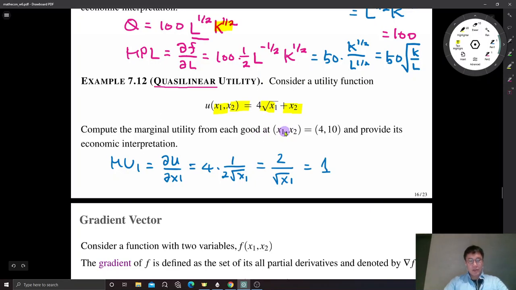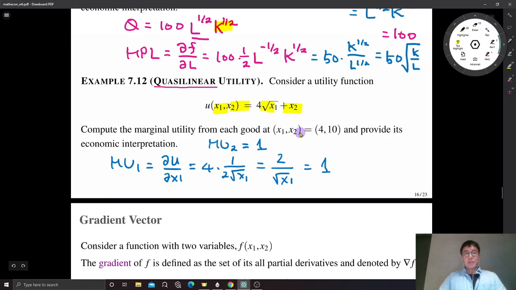if this consumer consumes 1 more unit of good 1, his or her utility will increase by 1 unit. Okay? And similarly, MU2 is just 1, right? Because now the first term is a constant, and the derivative of x2 is going to be 1.